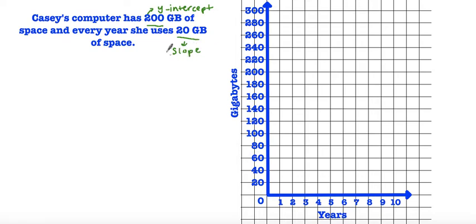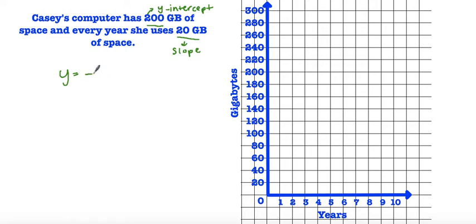If we're going to write an equation in slope-intercept form, we're going to start off with y equals. So y represents the gigabytes the computer has. And she uses 20 gigabytes of space, so we're going to take away 20 gigabytes each time.